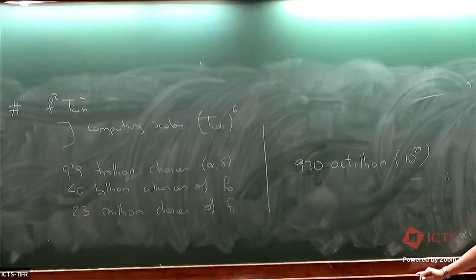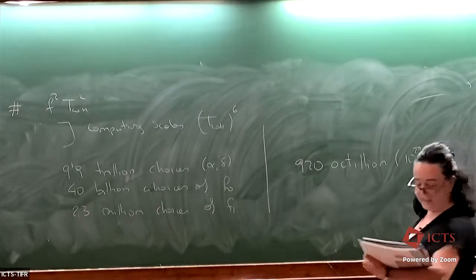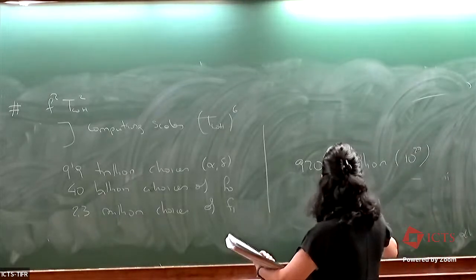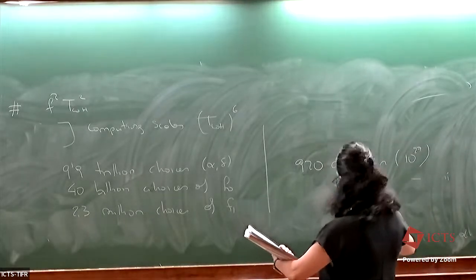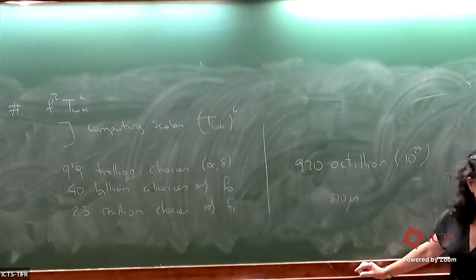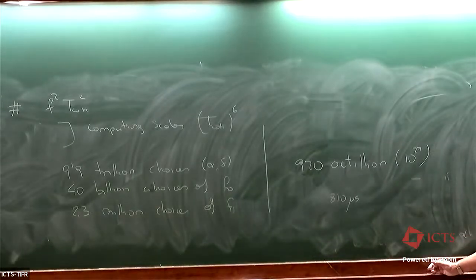Now, to compute the likelihood or an F-statistic takes of the order of 110 microseconds per template, just for one choice of the parameter data.